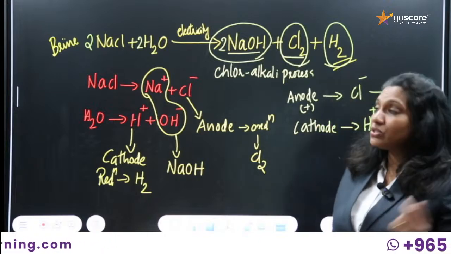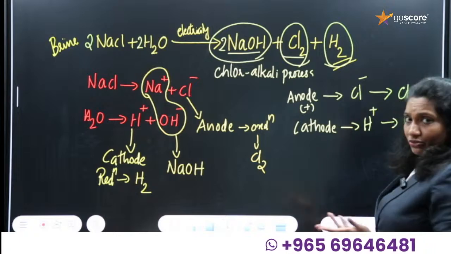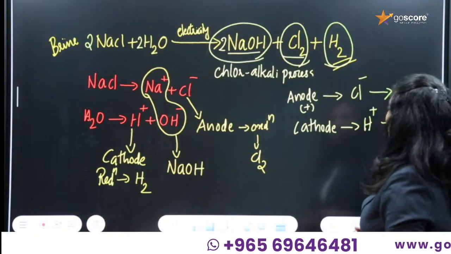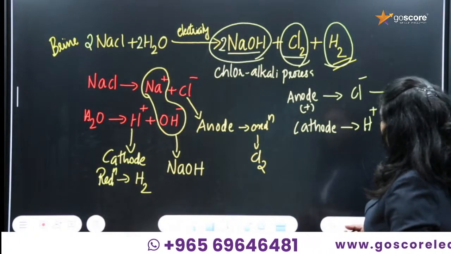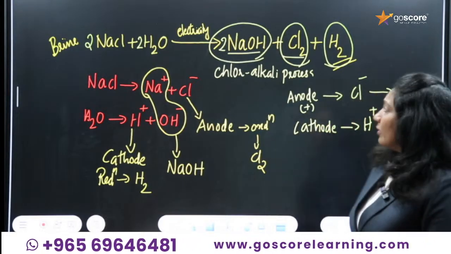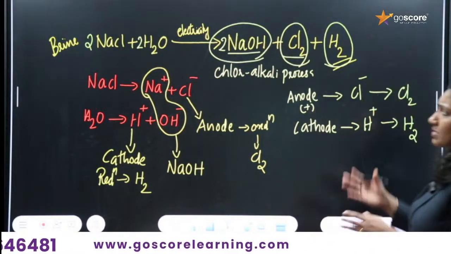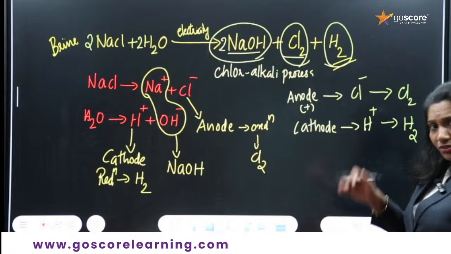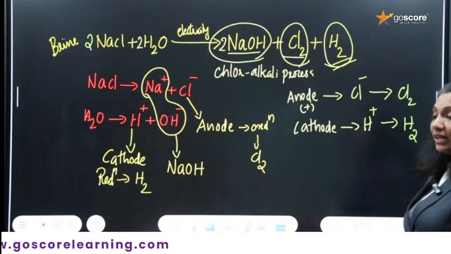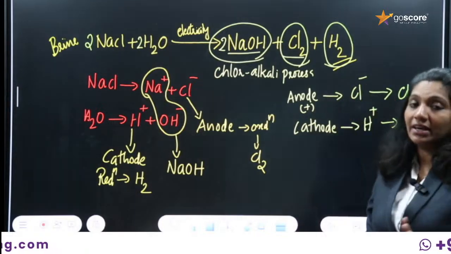It is used as a fuel and for carrying out the hydrogenation reactions and all. And chlorine is mainly used to disinfect water or for the production of bleaching powder. Okay, so the uses of each and every byproduct of the chloralkali process is clearly mentioned in your reader. Please refer to that and study that also.